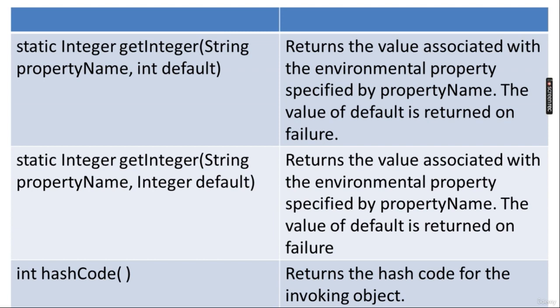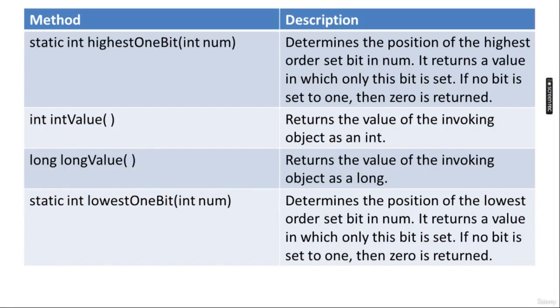hashCode returns the hash code for the invoking object. Static int highestOneBit(int number) determines the position of the highest order set bit in number.